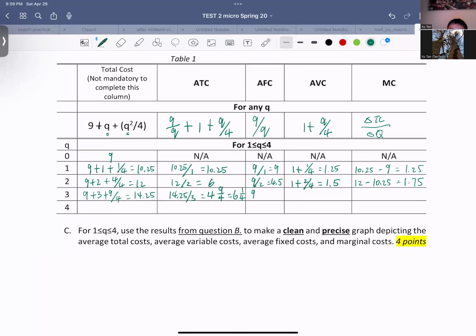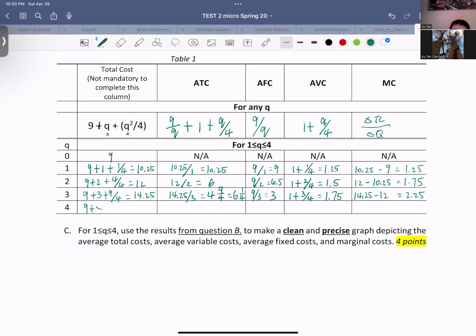Average fixed cost is 9 divided by 3, 3. Average variable cost is 1 plus 3 divided by 4, 1.75. Marginal cost is 14.25 minus 12, 2.25.